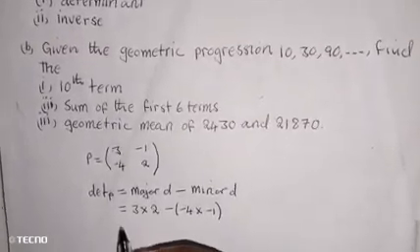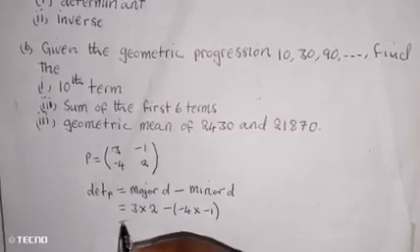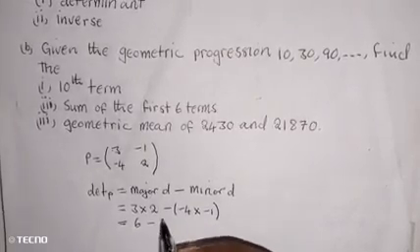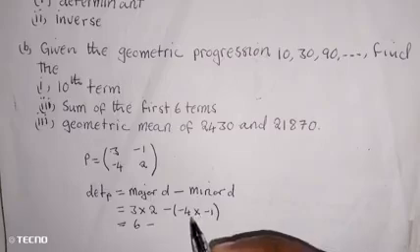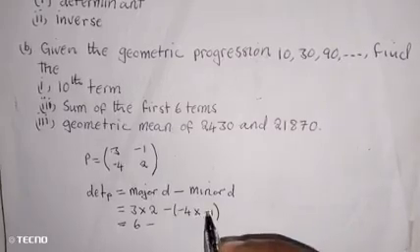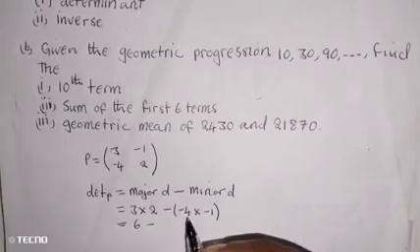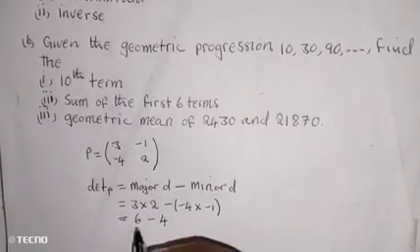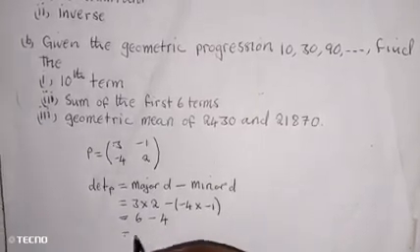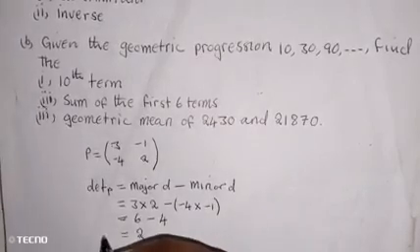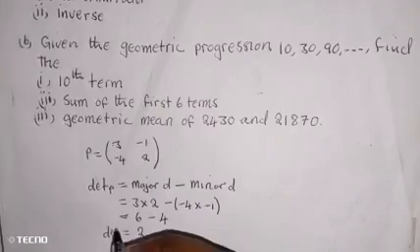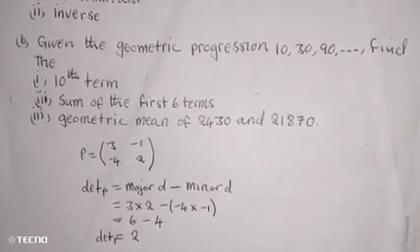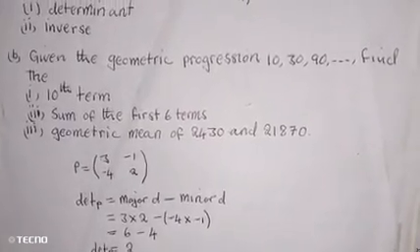Having this, we are going to have 6, minus 4, because negative by negative gives us positive 4. So here our determinant is going to be 2. Determinant of P is 2.